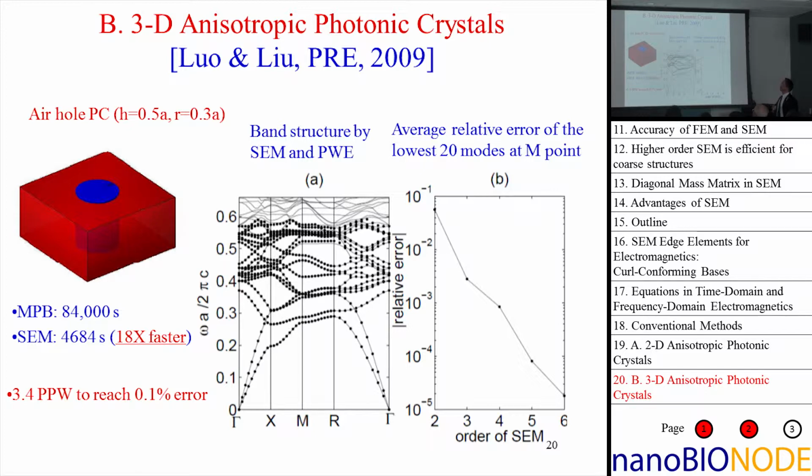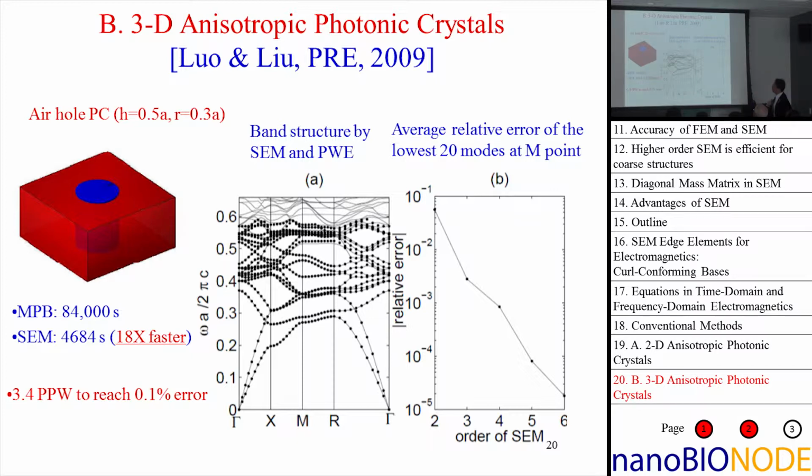We have also applied this to a three-dimensional anisotropic photonic crystal, and this is one example with an air hole in the photonic crystal structure, a periodic structure with that unit cell. We also compare with the plane wave expansion method, and you can see that here in the middle we plot the bandgap for very high order modes.